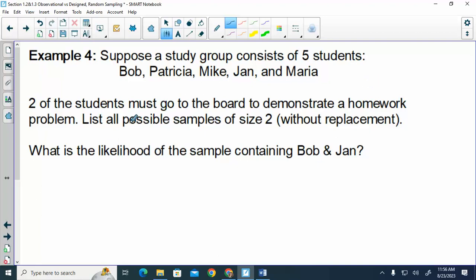Can you tell me all possible samples of size 2 without replacement? Do you know what that means when I say without replacement? I'm picking 2 students. I can't say Izzy is the first one, put her name back in, and oh, Izzy is the second one as well. You can't go up twice. So once Izzy's up, it has to be somebody different for the second student. So tell me, what are my possible groups?